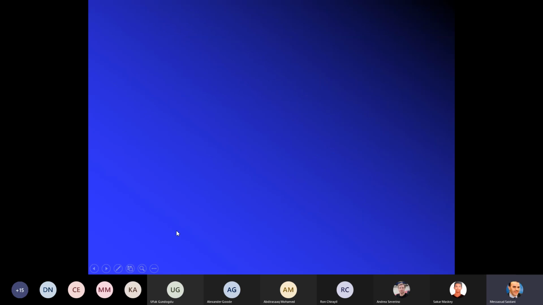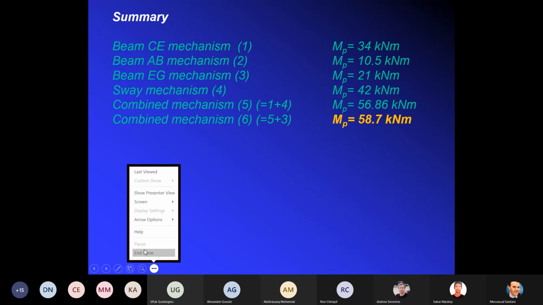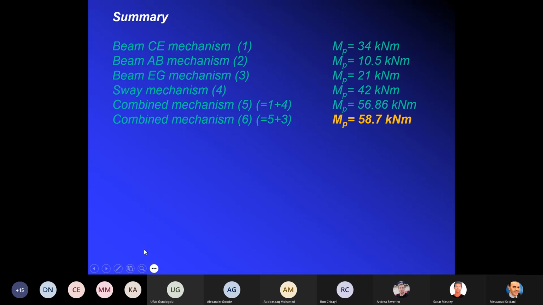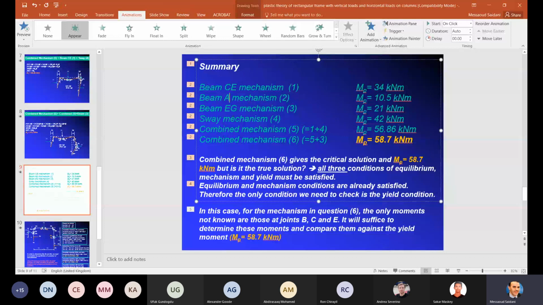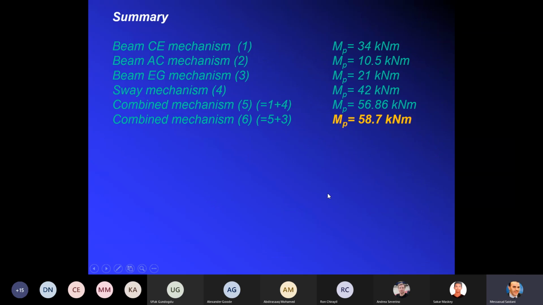So in summary, we have beam CE, that's AC, isn't it? Okay. We have beam CE mechanism gave 35 kilonewton meters. Beam AC gave 10.5.